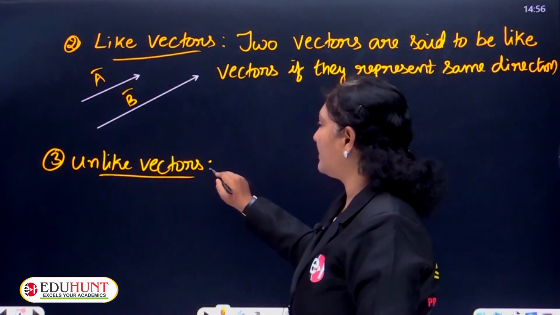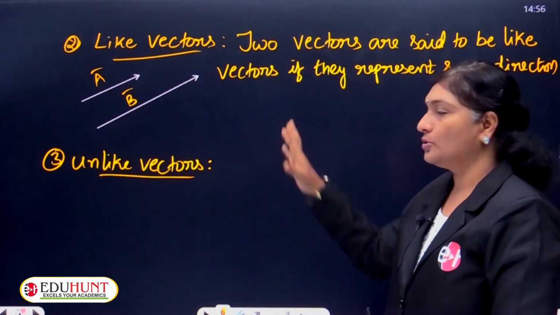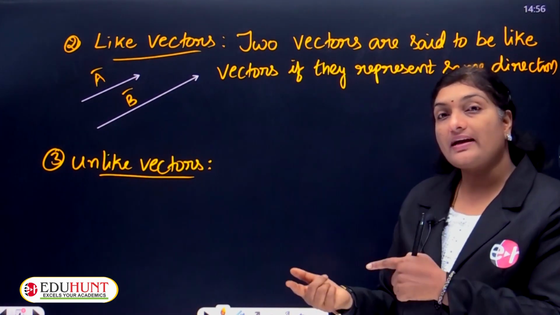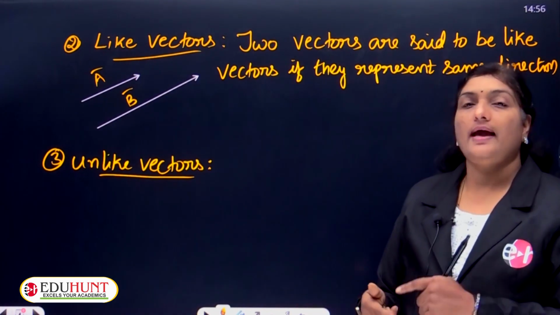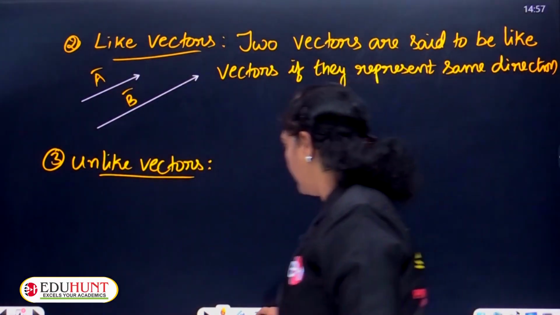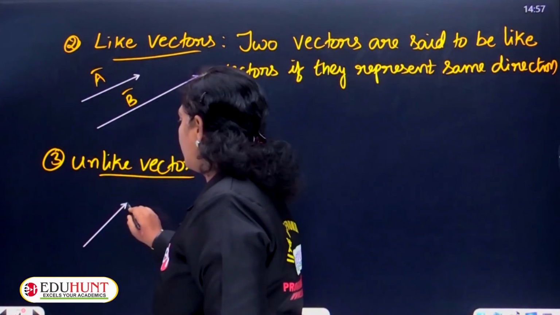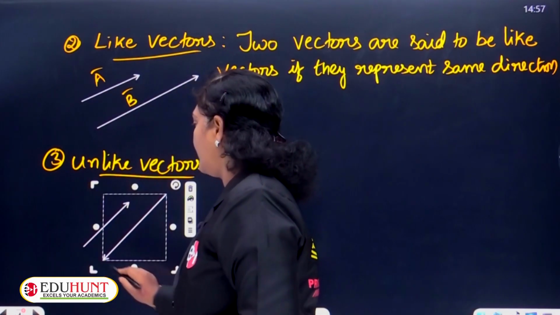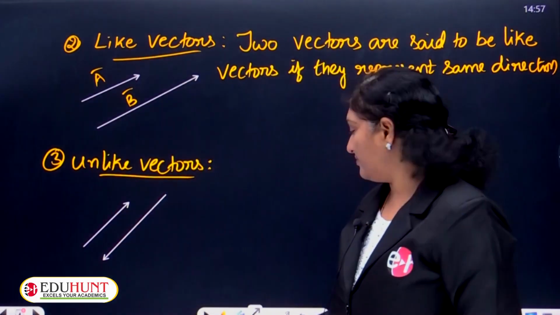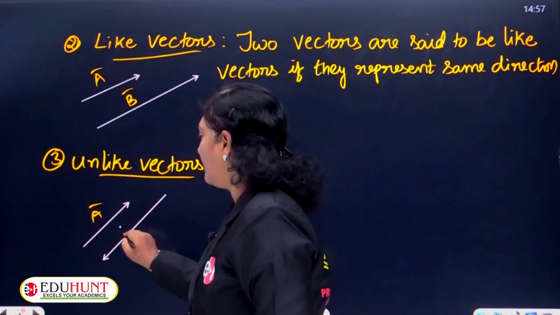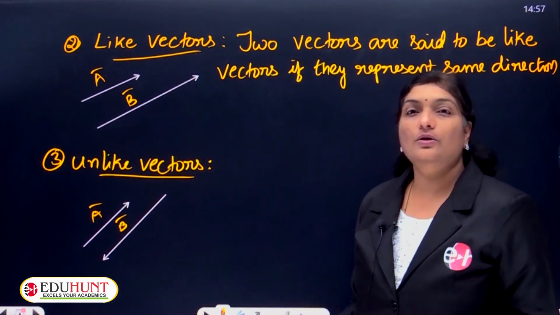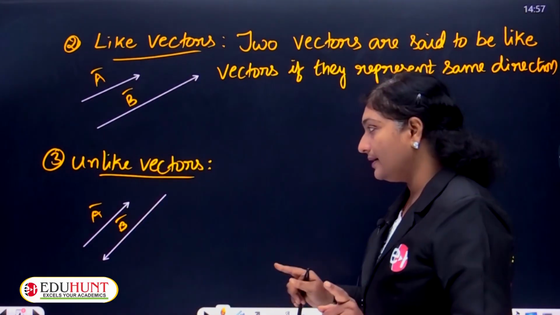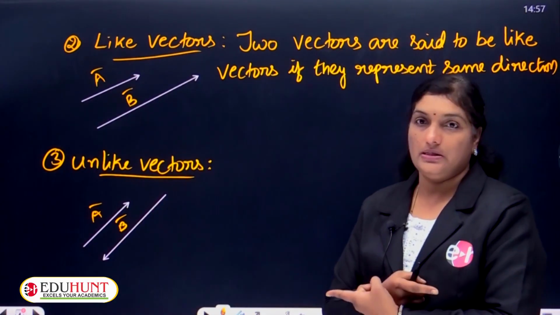Then what are unlike vectors, children? Two vectors are said to be unlike vectors if one vector is opposite to the direction of the other vector. Let us consider this example. If this is vector 1, then this must be another vector. Very clearly, there are two different vectors, vector A and vector B, whose magnitudes are different. The magnitude of A bar is not equal to the magnitude of B bar, but their direction is opposite.